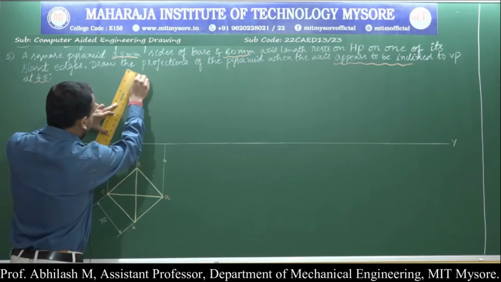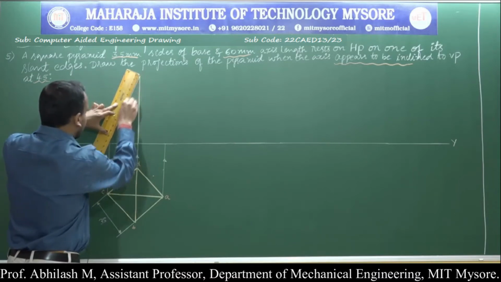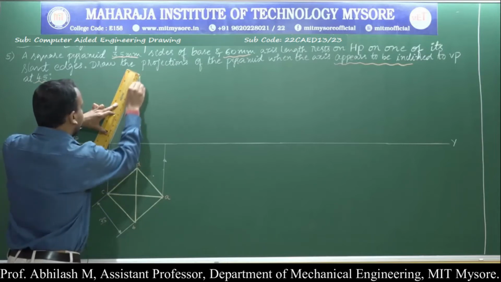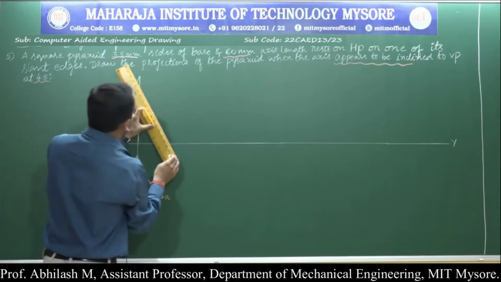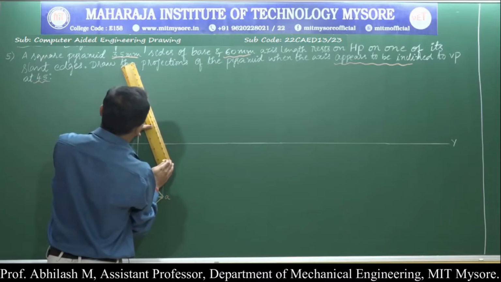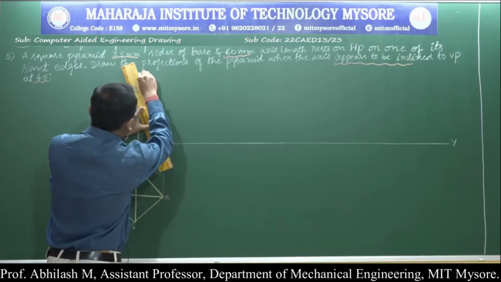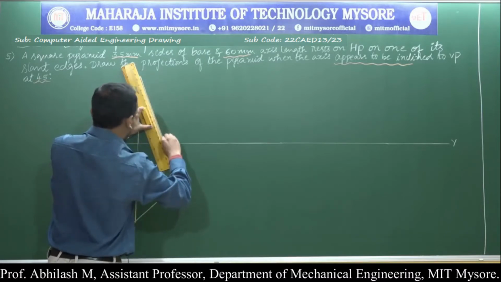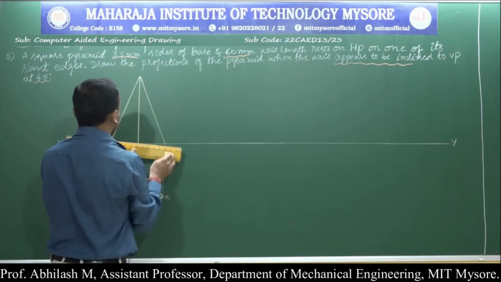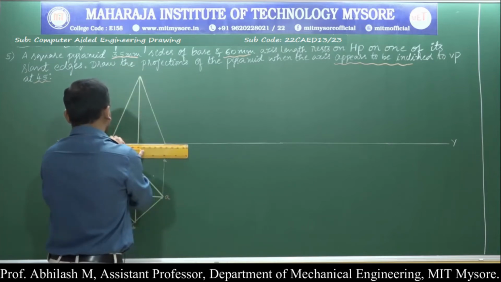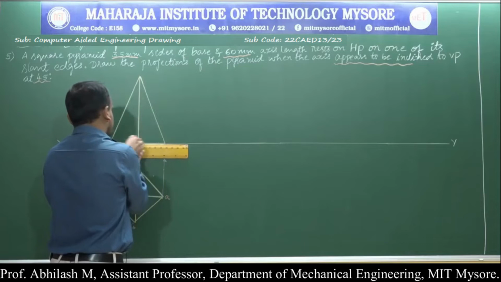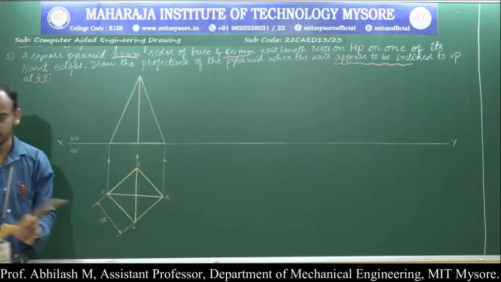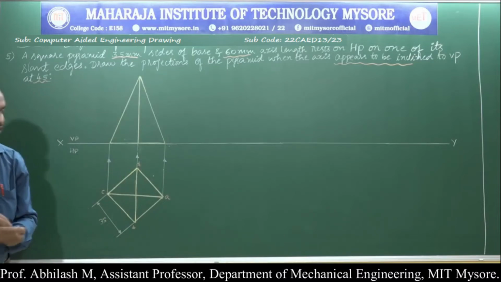Connect from the apex point to the other corners. And the base will be thick. Those sides will be clearly visible, so it is completely thick.